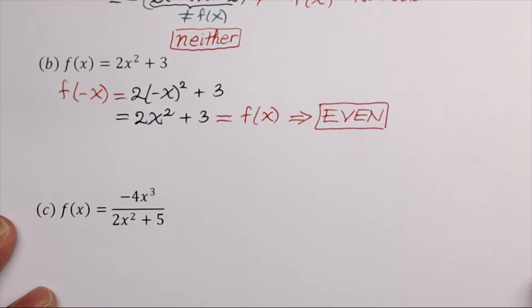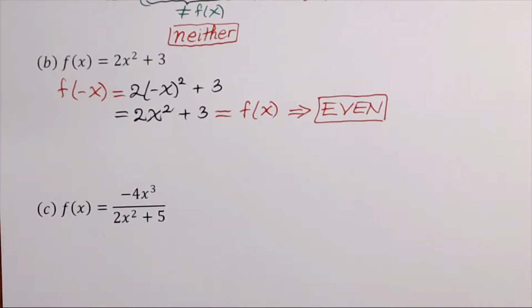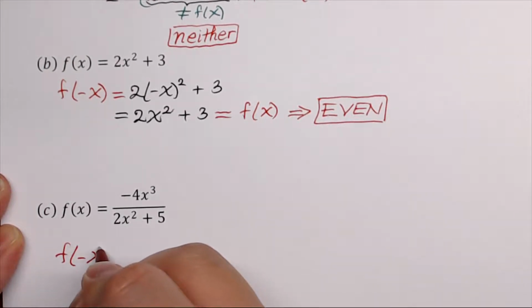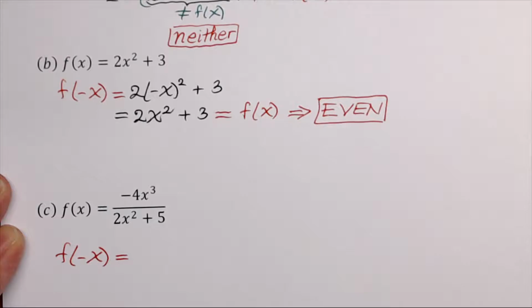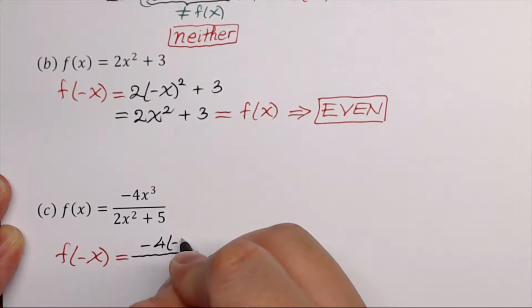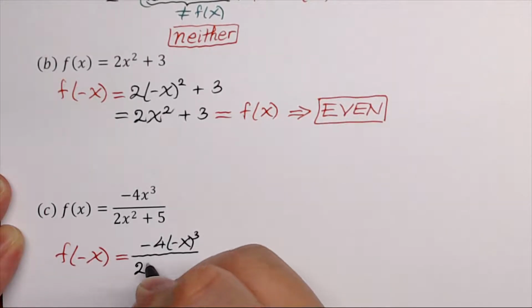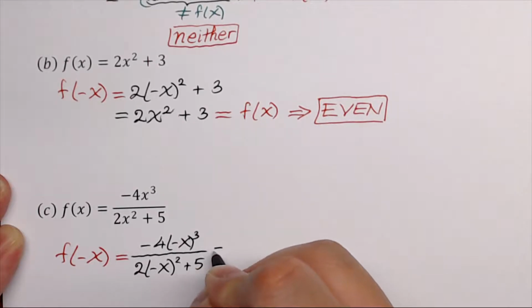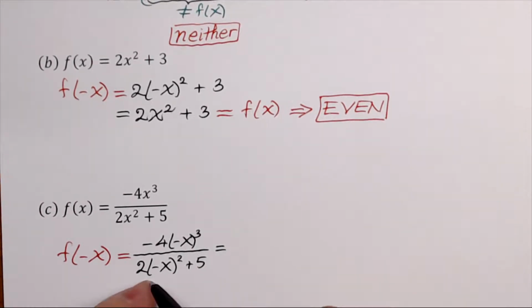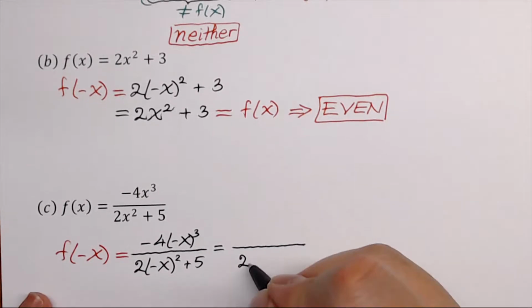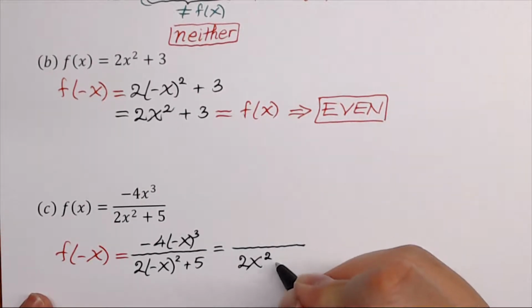We could have a rational function like this as well. Still do the same thing. F of negative x. So we put negative x into x. Now when we look at this, we see at the bottom negative squared, so that would be positive x squared, so 2x squared plus 5.